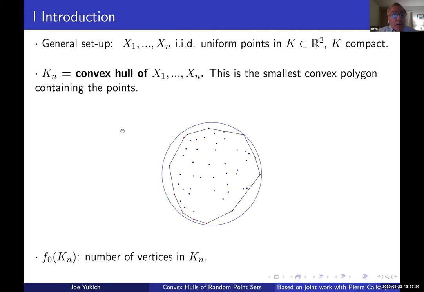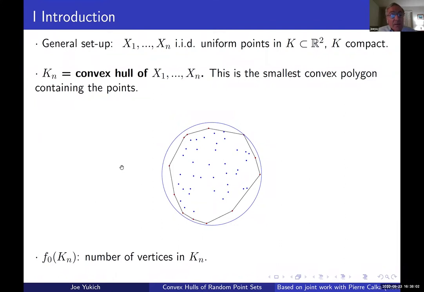Said differently, the convex hull is just the intersection of half spaces containing the n-point set. Here we have a depiction of the convex hull of uniform points put down in the unit disk. The red points are the vertices of the convex hull, and the blue points are the interior points.